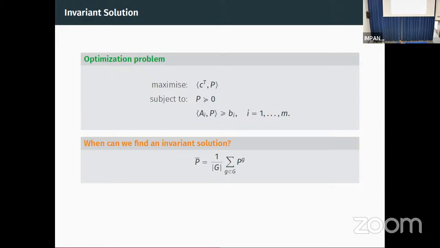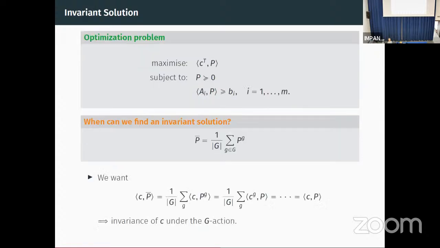A clear way of getting an invariant solution is to take any solution and then average over the group. Okay? Take a centroid. So if P is a solution, when is this averaged matrix a solution? First of all, I want the objective value to be the same. For this, it's enough if I assume that the objective function is invariant under the G action.